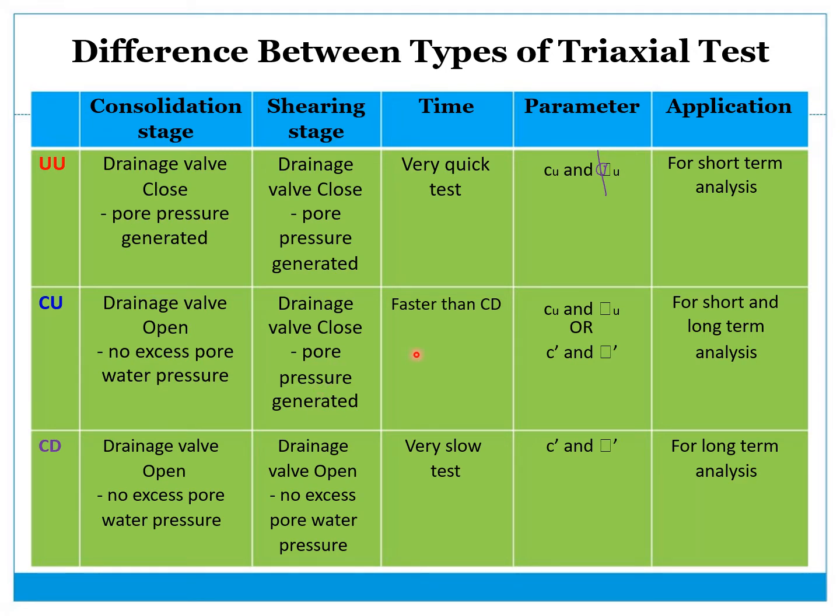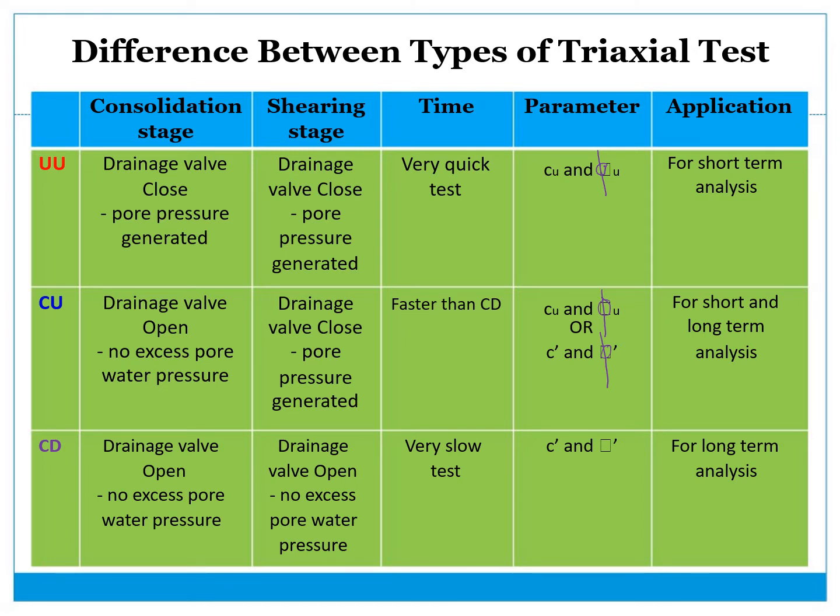The test is faster than CD but slower than the UU test. The parameters we get are Cu and phi u, and or C prime and phi prime, so we have the total stress and also the effective stress.